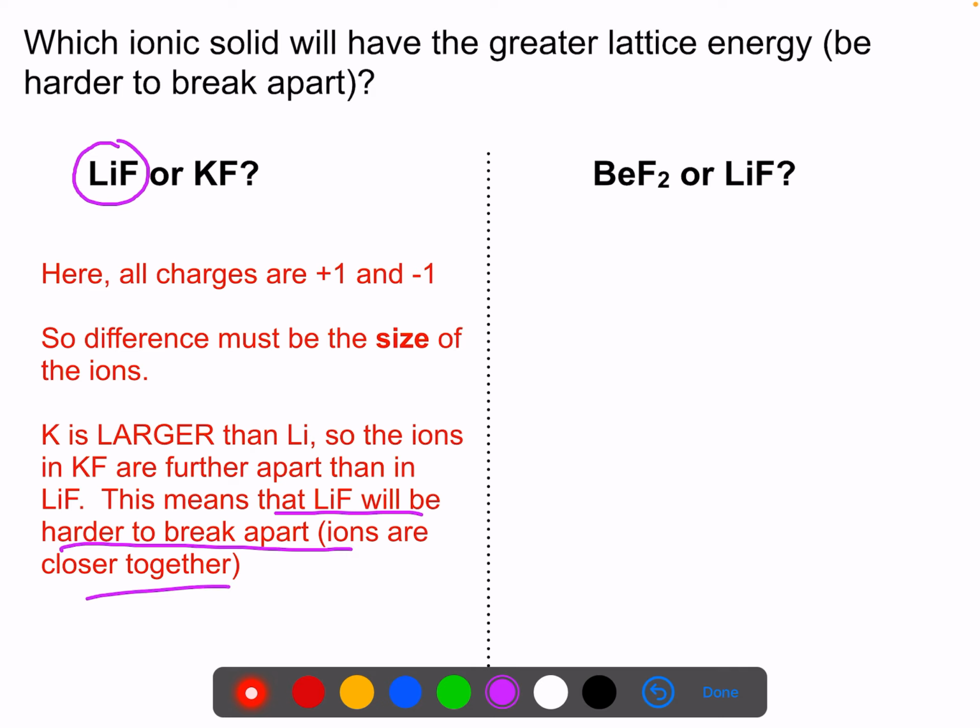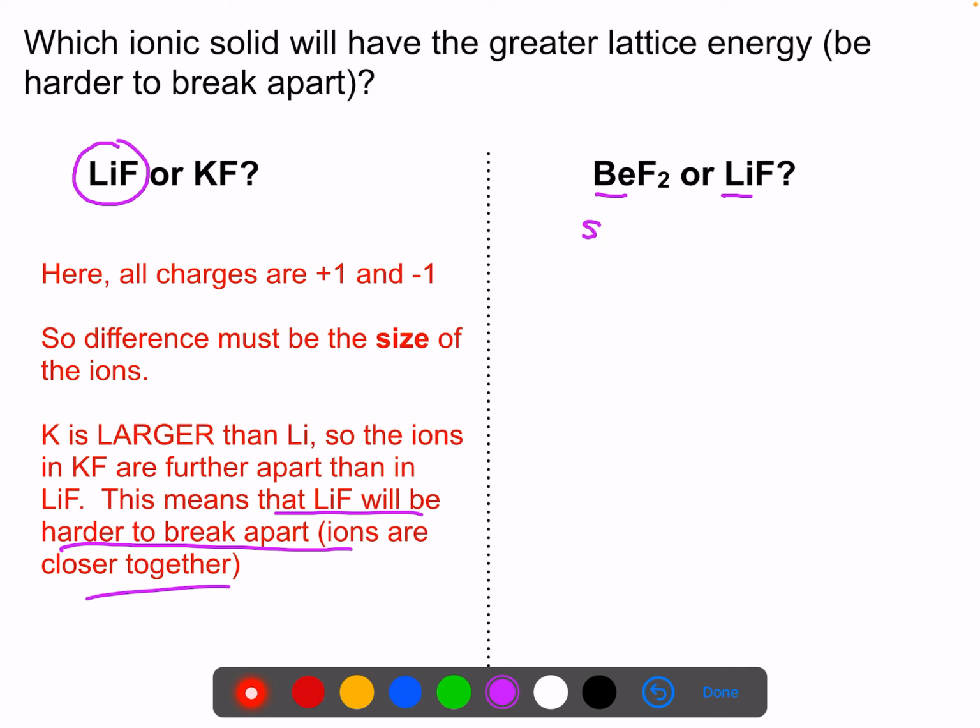In our second example, we now have beryllium fluoride or lithium fluoride. And so here, as we compare, if we start off with size this time, we might say beryllium and lithium are right next to each other on the periodic table in the same row.